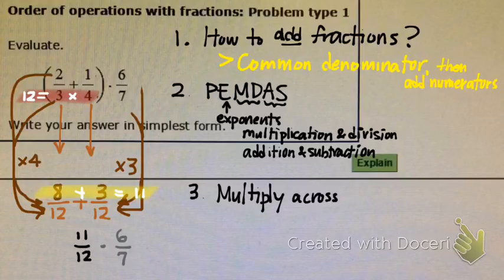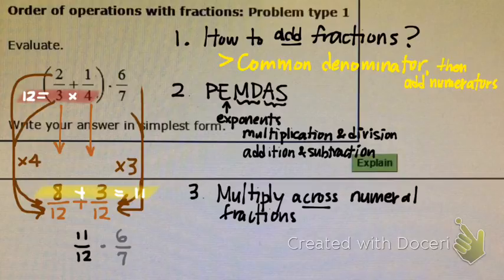So cross multiplication has its place, but it doesn't do what people think it does. It's not a one-size-fits-all trick. Multiply fractions by multiplying across the numerator and denominator.